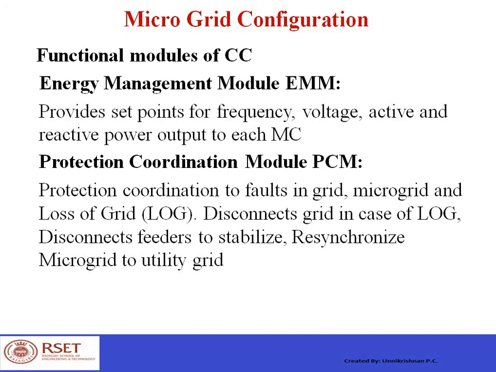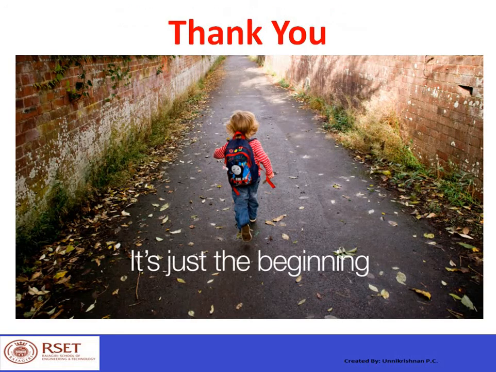This activity is also coordinated by the PCM. Then once the grid is active, you have to resynchronize the microgrid to the utility grid and connect the microgrid back to the grid. So these are the activities carried out by the central controller in a microgrid.